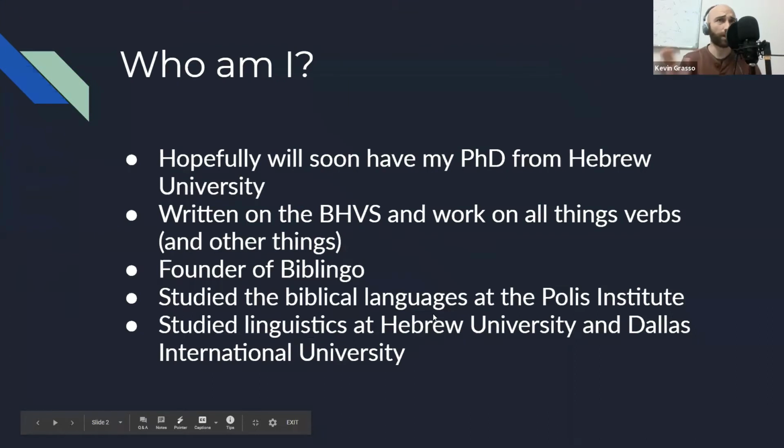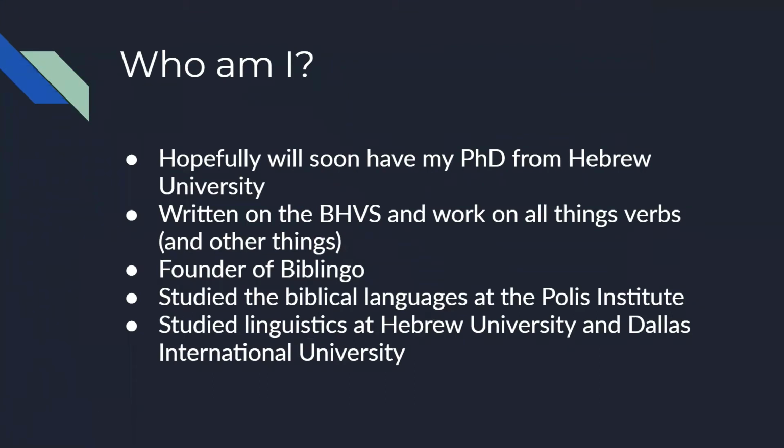Just a little bit about me in case you don't really know who I am. Hopefully I'll have my PhD soon. I'm getting ready to turn it in, hopefully this month or the next. It's from Hebrew University, where I've been studying in the linguistics department. My degree will technically be in Hebrew.